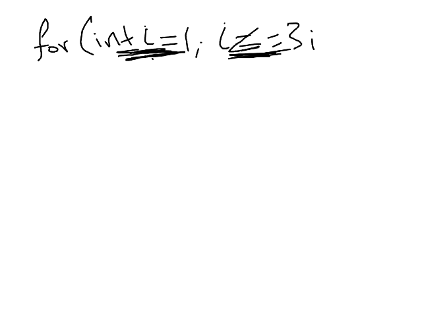Either you increment or decrement. Since we're starting at 1 and finishing at 3, we'll give it an increment, so this is I plus plus, until it finishes. Now, this is our for. Now, we can have a for inside this for.